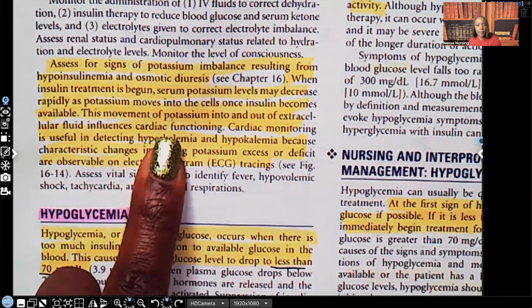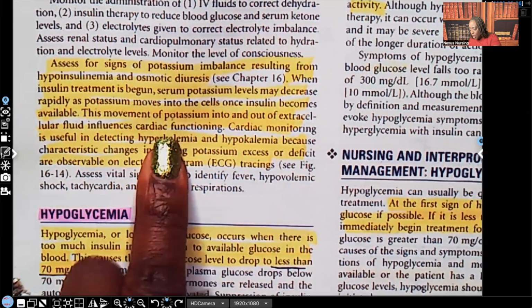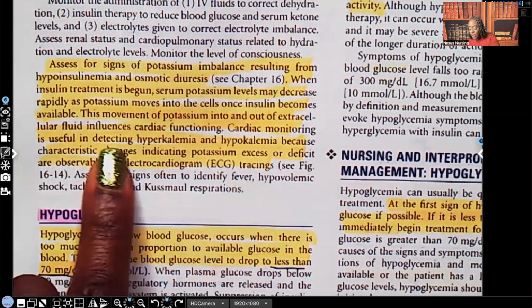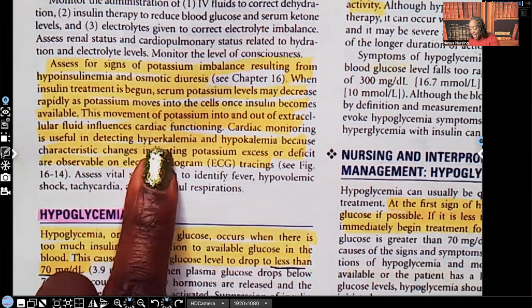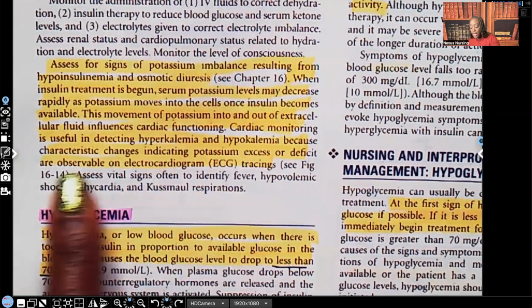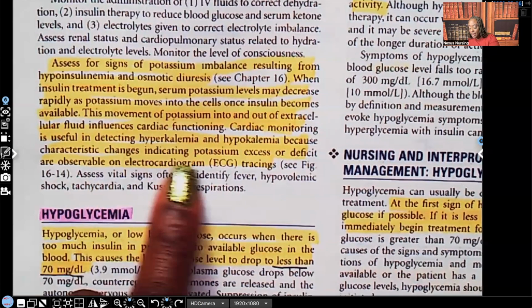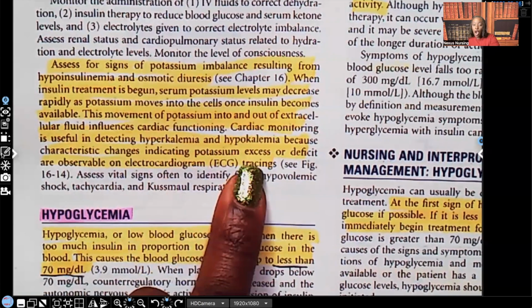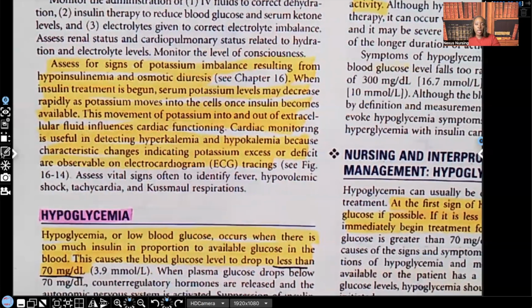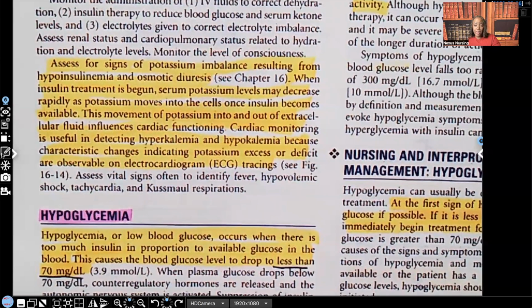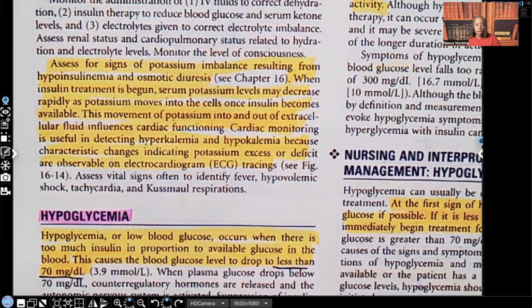What does potassium affect? The heart. Cardiac monitoring is useful in detecting hyperkalemia and hypokalemia because characteristic changes indicating potassium excess or deficit are observable on the ECG. So you better believe that patient is going to be getting continuous insulin. They are going to be on a heart monitor. They're going to be getting ECG tracings.